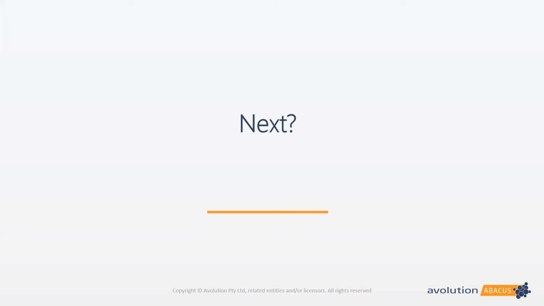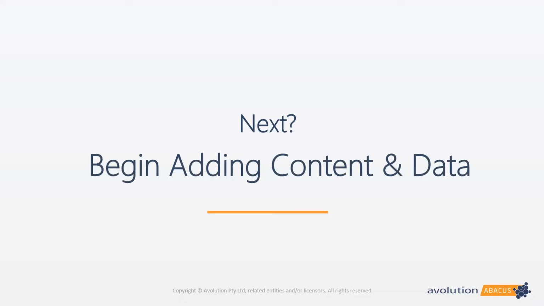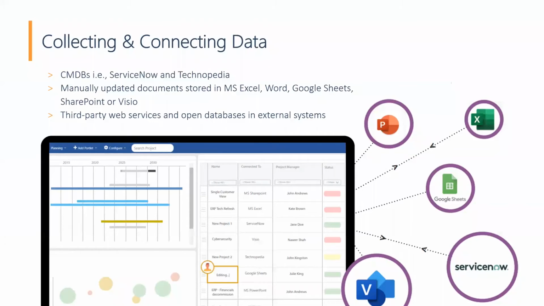Okay, so we've started our setup. Now we actually need to begin adding some content and some data into that repository. Connecting data sources provides users with a trusted one-stop shop for data and documentation. This should make updates easier, and it should make analysis more reliable and accessible.